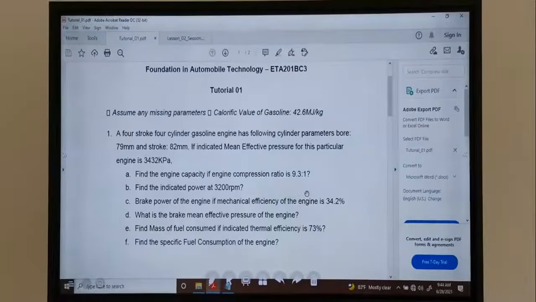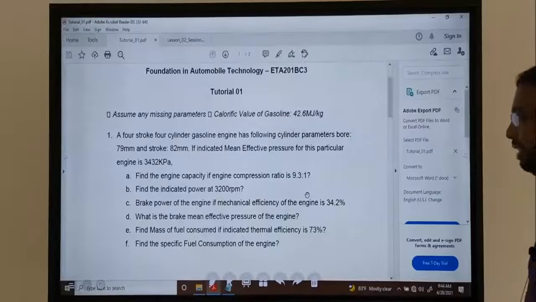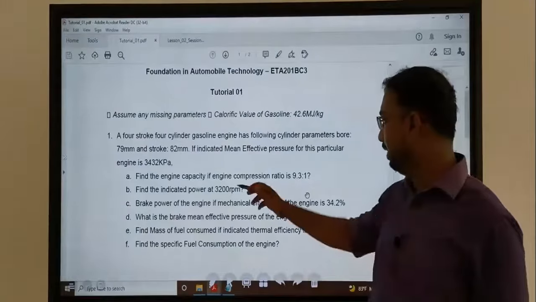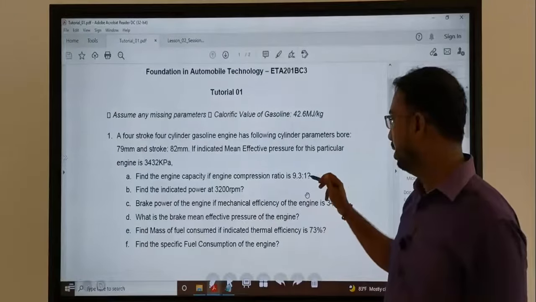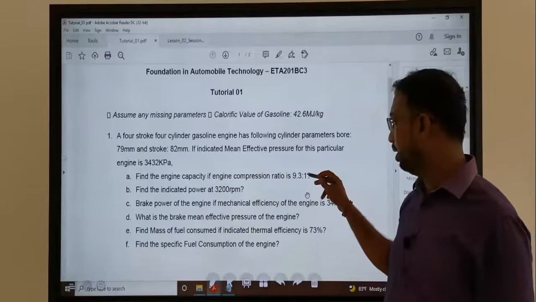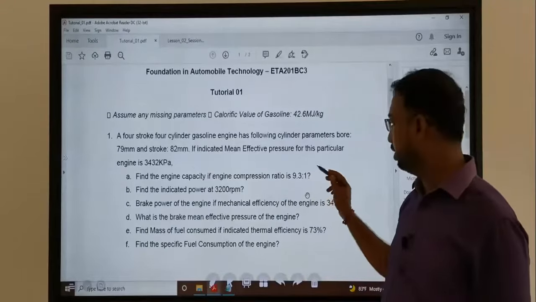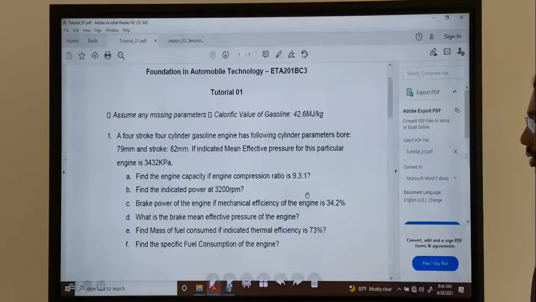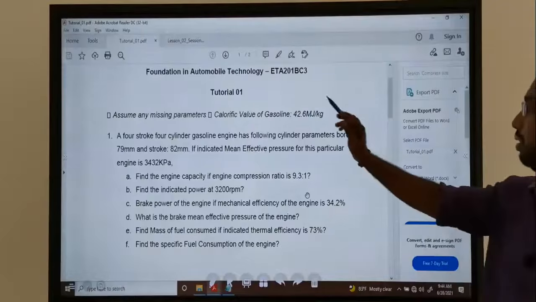First, what is the first question? Find the engine capacity if the engine compression ratio is 9.3 to 1. Here you can see this is a 4-stroke cylinder.